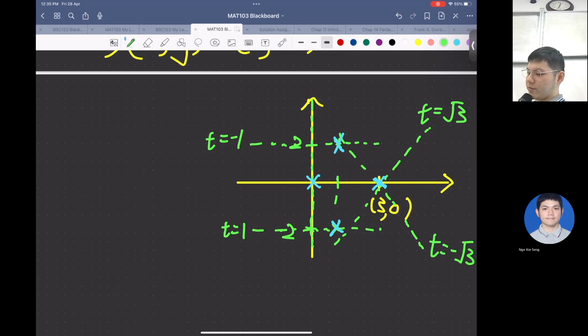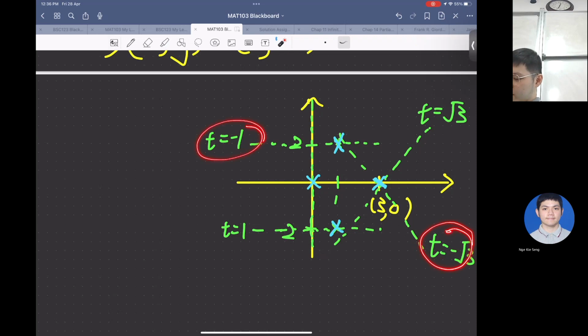Can anyone guess what kind of path you will get? Here is t equals minus square root 3, which is less than minus 1, right? So I need to go from here to here, then go to 0, then go to 1, then go to square root 3. And then you need to meet this tangent line.